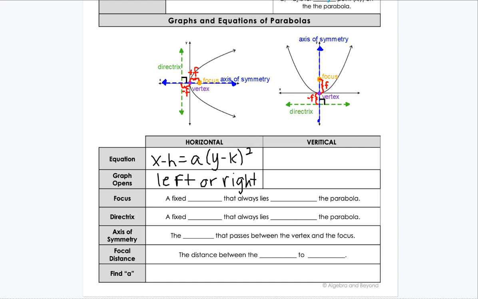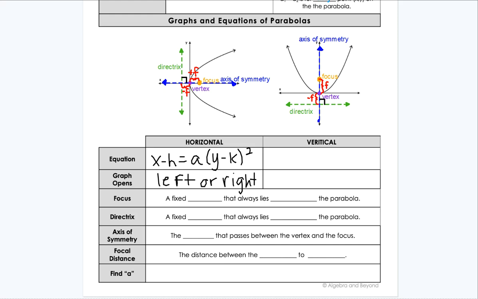So we've looked at parabolas possibly before in quadratics. You've seen those in other courses and previously in this course. And so you'll notice that squared, it's similar to that, but this time it's a parabola from a conic section. So it's a little bit different when it's opening in different directions.